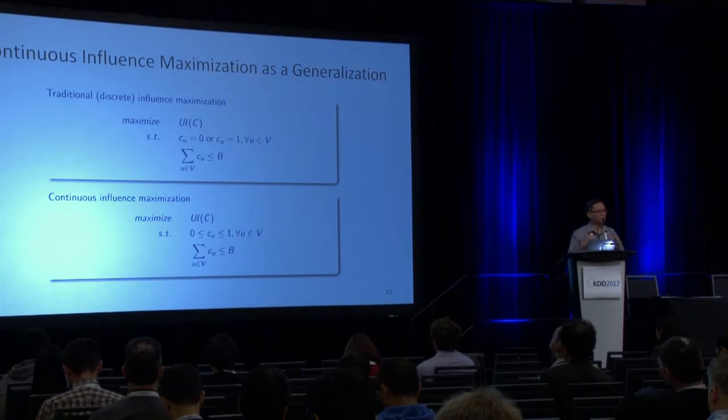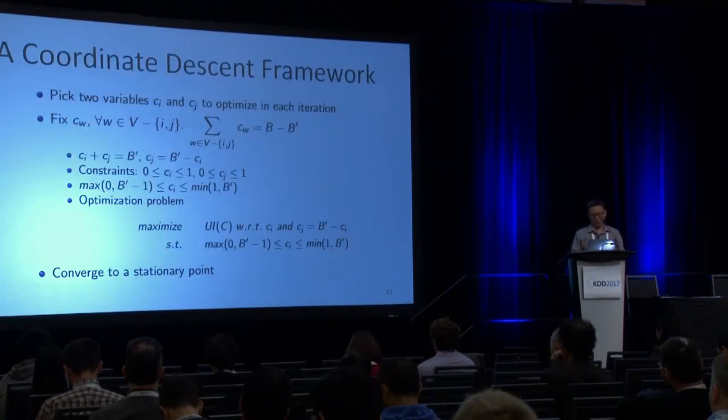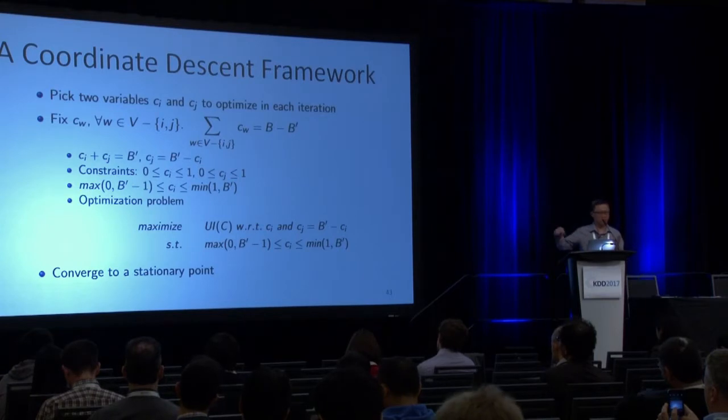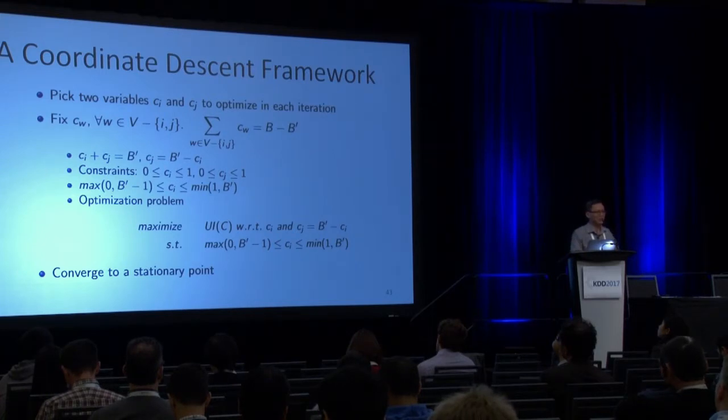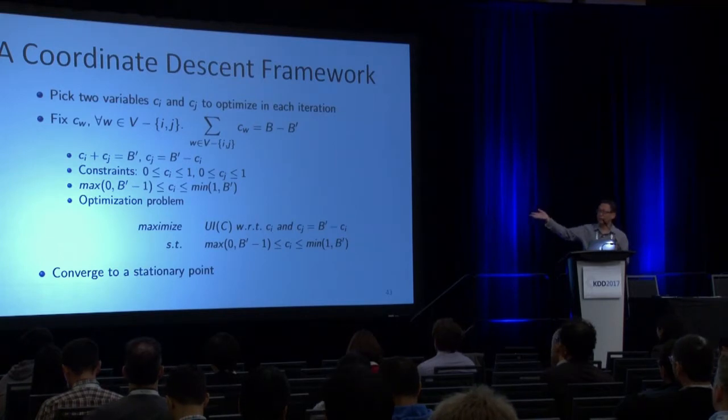But in the new model, we allow a discount rate for everyone. So this problem can be solved using a coordinate descent framework. I won't go into the technical details here because it's close to lunchtime, and I know many people here got up very early in your local time. But if you are interested, you can check out our Sycamore paper from last year.